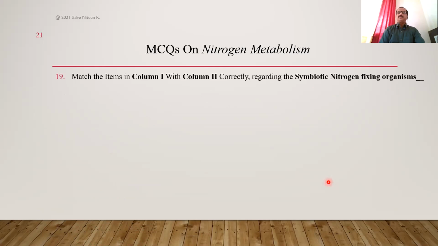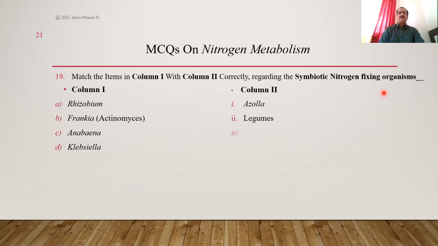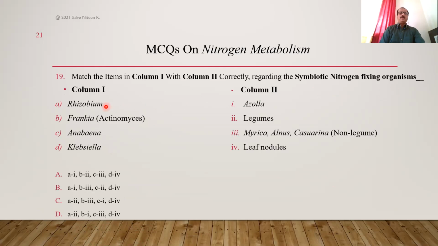Okay, symbiotic nitrogen fixing organisms. You have to match 2 columns. Column 2 is also given with their examples, and options are given. Now you know Rhizobium lives with legume plants, members of Leguminosae, Fabaceae. Frankia are actinomycetes.